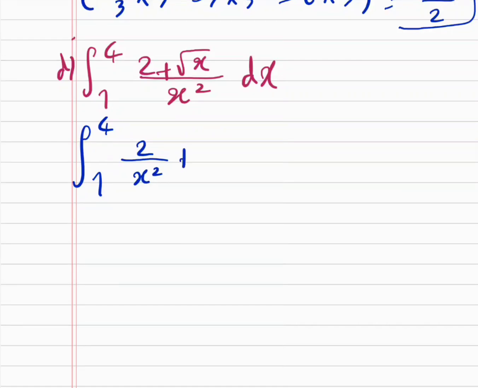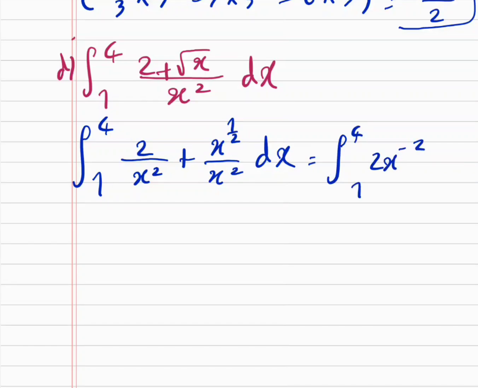So 2 over x squared plus root x over x squared dx, and now I rewrite this in the form x to the power of n. At the same time, instead of root x, let's write it as x to the power of a half. So we'll get 2x to the power of minus 2 plus x to the power of minus 3 over 2 dx.